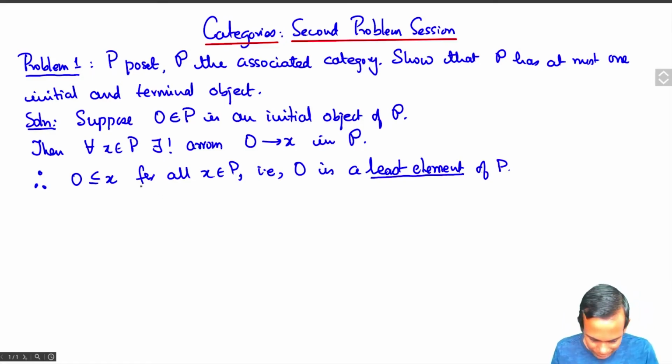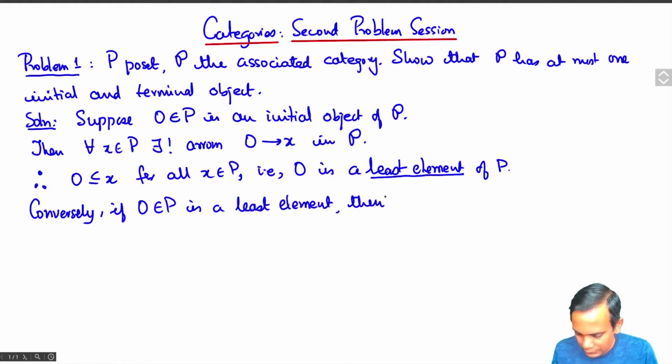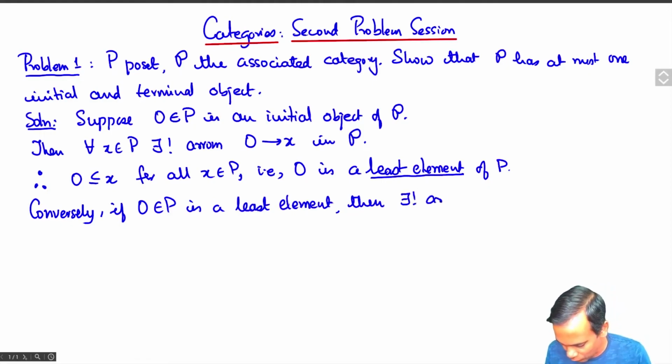And conversely, if 0 is the least element, then of course in this category between any two objects there is at most one arrow. So then there is a unique arrow.